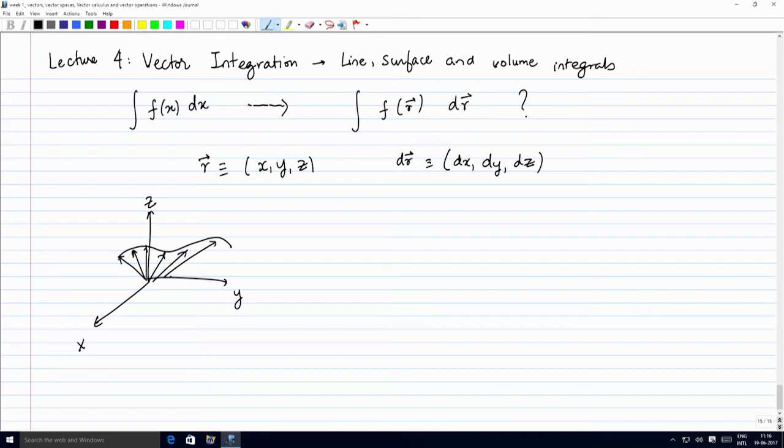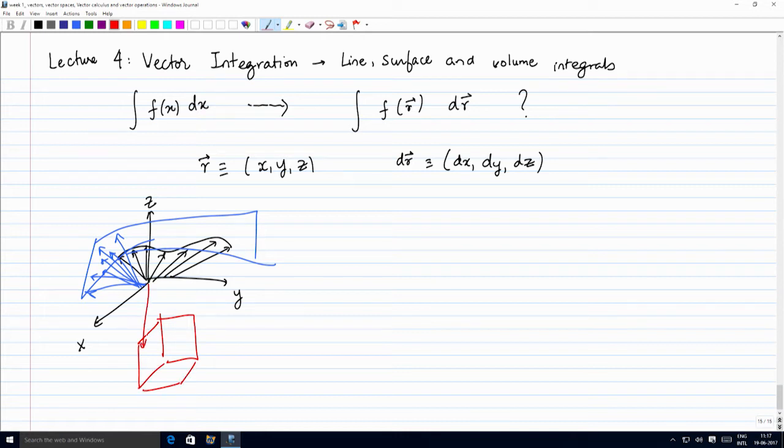That would be something like a line integral. So you integrate the function along this line, that would be a line integral, or you could take r and integrate over an area. So you take all possible values of r that can be in this area. So r can be anywhere here, it can be here, here, here and so on. That would be an integral over an area, or you could take some region and say that r can be anywhere in this region.